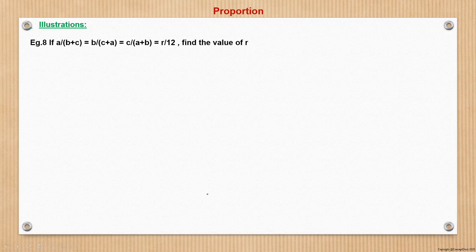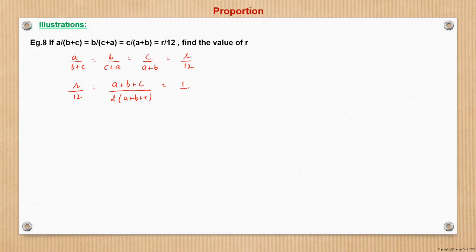Now let us see this question. If a by b plus c is equal to b by c plus a is equal to c upon a plus b is equal to r by 12, find the value of r. The ratio is r by 12 is equal to the sum of the numerators, a plus b plus c, upon the sum of denominators, which is 2 times a plus b plus c.